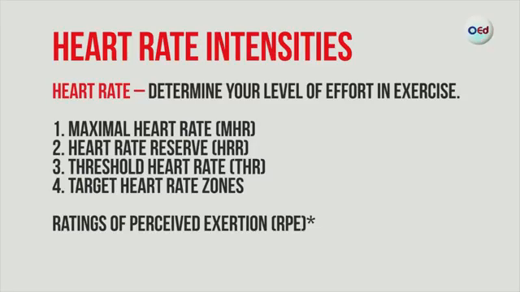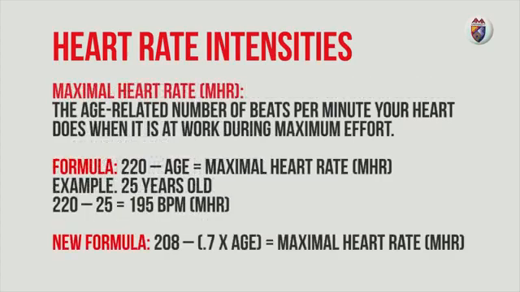During this part of the lesson, you will also determine how much effort you are supposed to put in an exercise program based on the ratings of perceived exertion or RPE table. Let's begin with your maximal heart rate. This refers to the age-related number of beats per minute your heart does when it is at work during maximum effort. You can calculate for this using this formula.